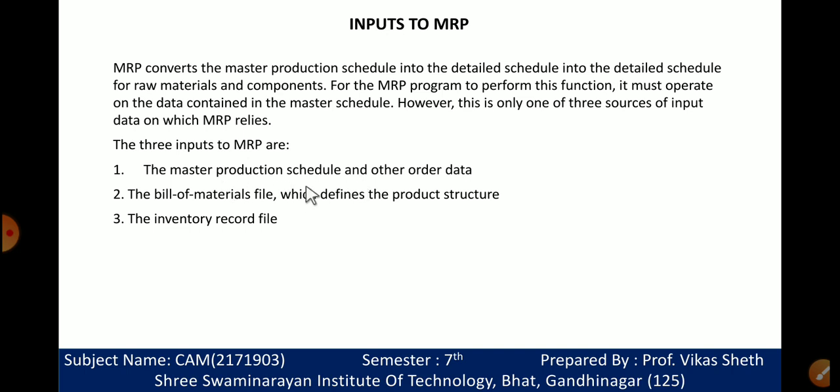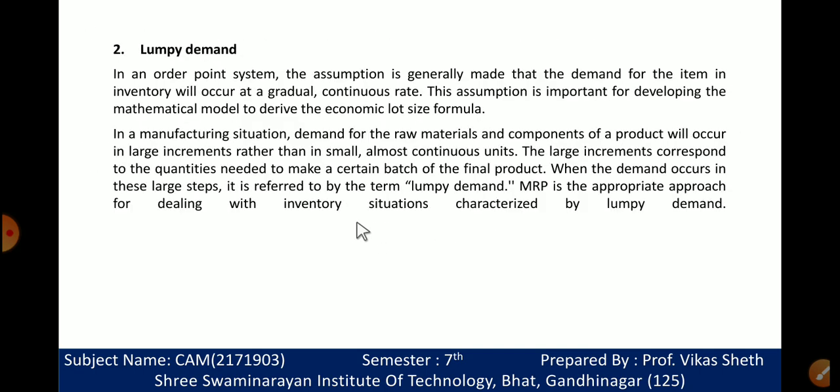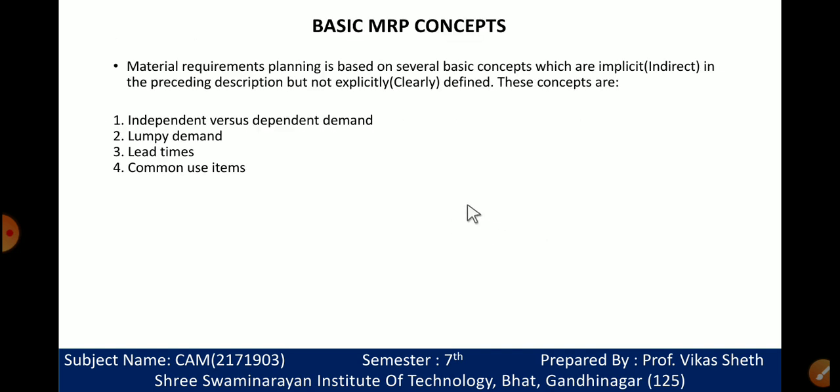In the next lecture, we discuss these three in detail. So in this lecture we discussed what is MRP, then the basic MRP concepts, which are implicit in the preceding description but not explicitly defined. Means MRP planning is based on these four common topics, not directly but indirectly.